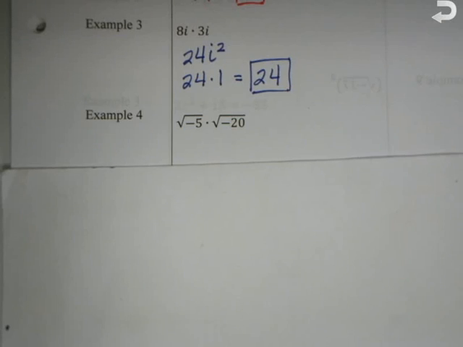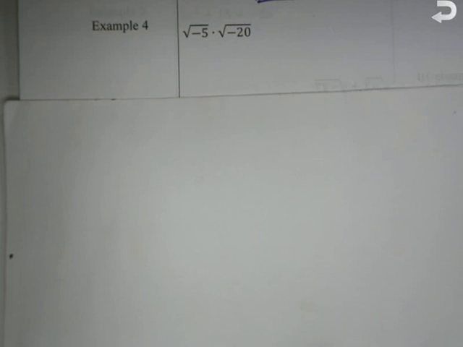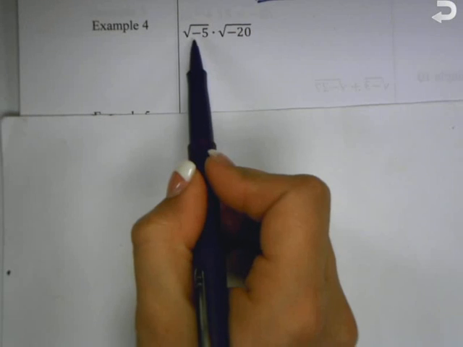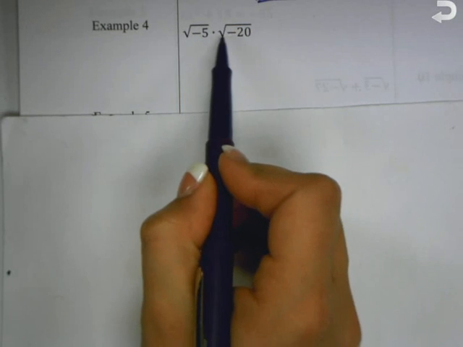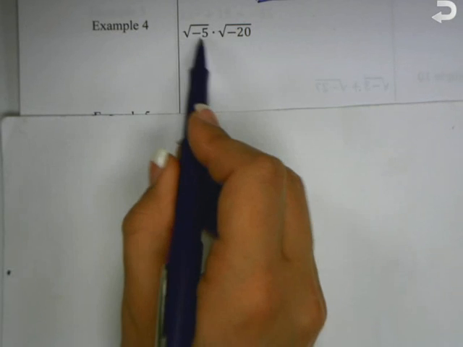Okay, example 4. Okay, this time, guys, square root of -5 times the square root of -20. What can I do when I'm multiplying square roots?